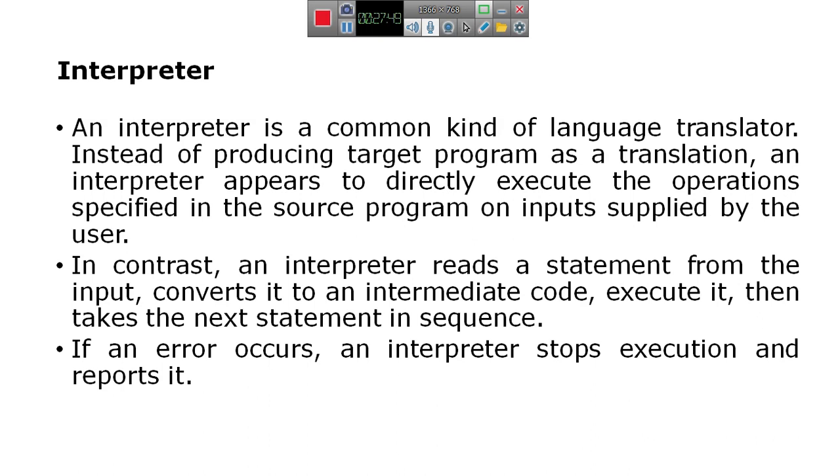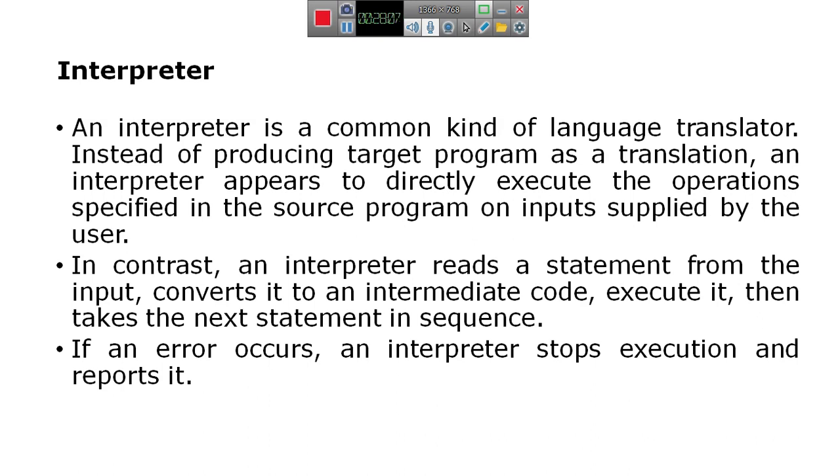It means an error has occurred in the program. So that is the drawback of an interpreter.